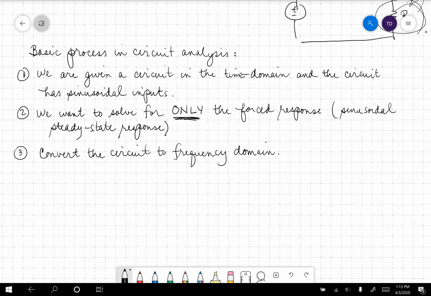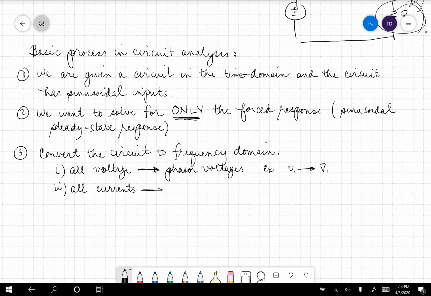Okay, I'm going to tell you exactly what that means. One, all voltages become phasor voltages. Example, V1 becomes V1 phasor. All currents. So if there are any currents and voltages labeled, you change them over to phasor currents and phasor voltages.